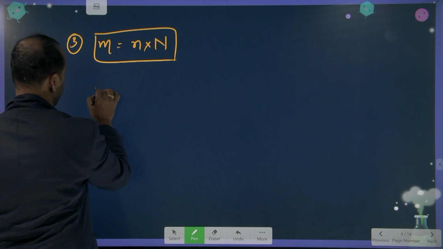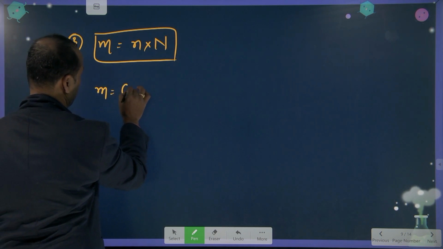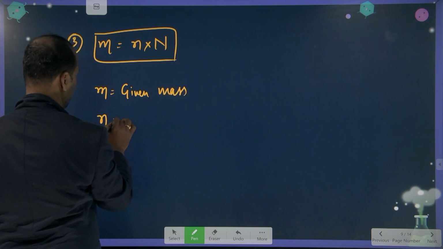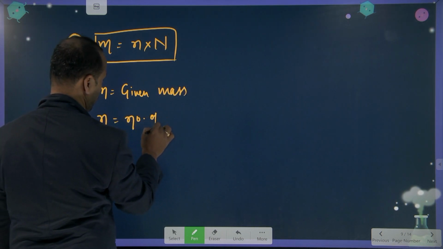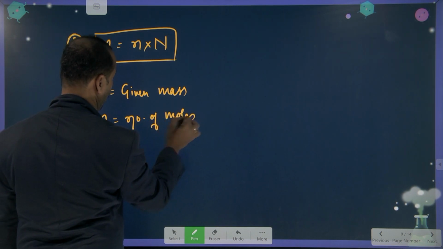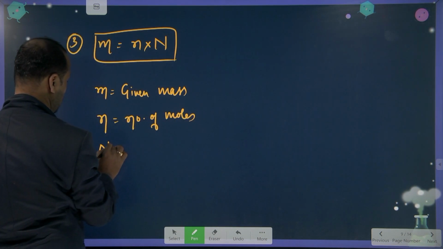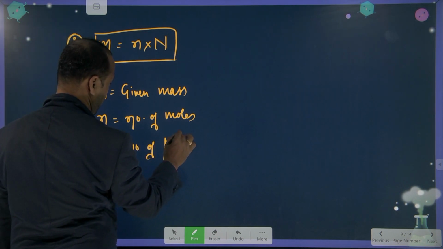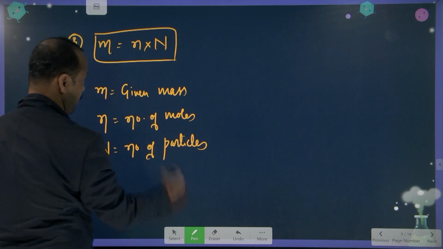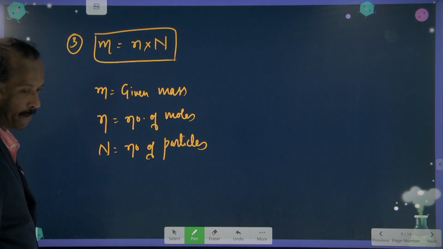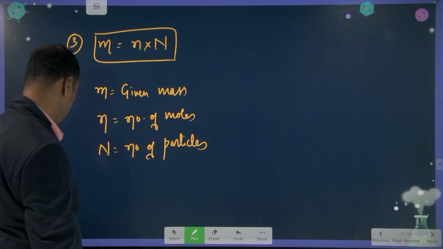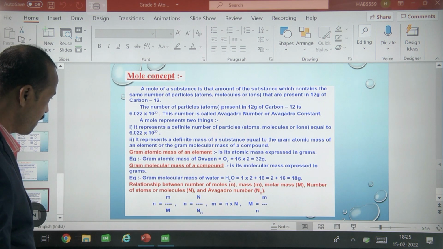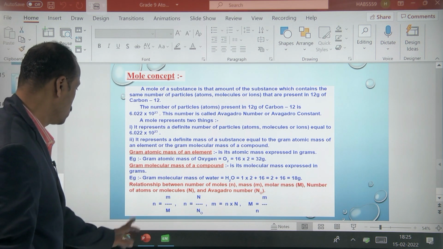So m means what? Given mass, and n is equal to number of moles. And N is equal to number of particles. Right. One more formula is also there, but that formula is not required. Okay, done. Right. So these are the important ones.